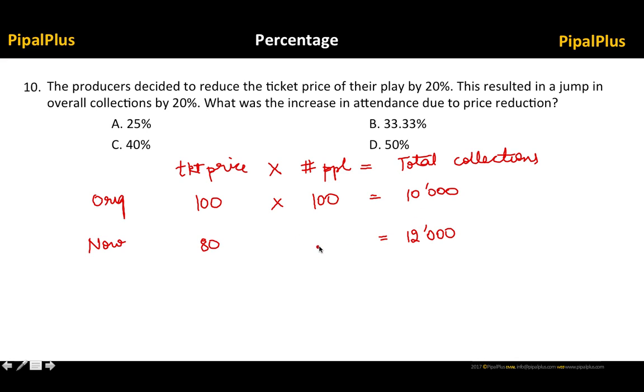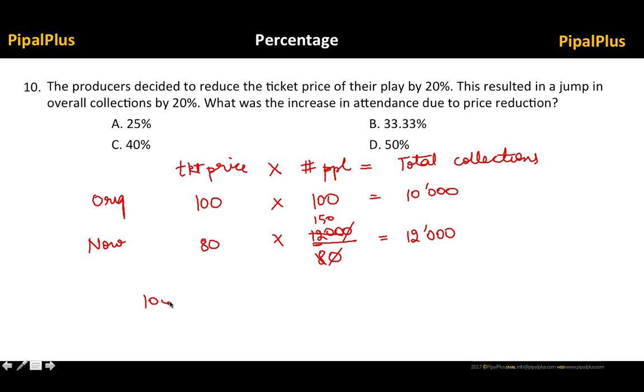So I need to compute the number of people who attended the show. This is clearly 12,000 divided by 80, right? So that's the number of people who have attended the show. So when I cancel these out, I get 8 1s are 8, 8 5s are 40. So 150 people have now attended the show.